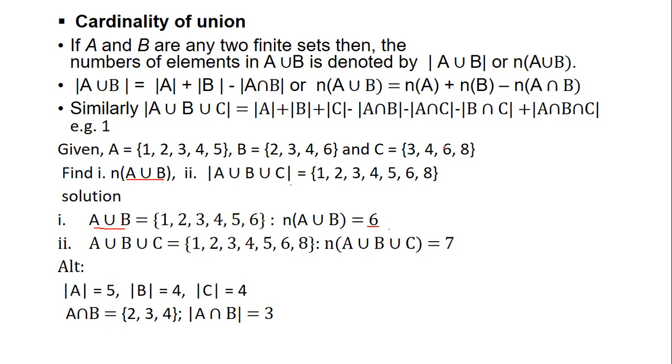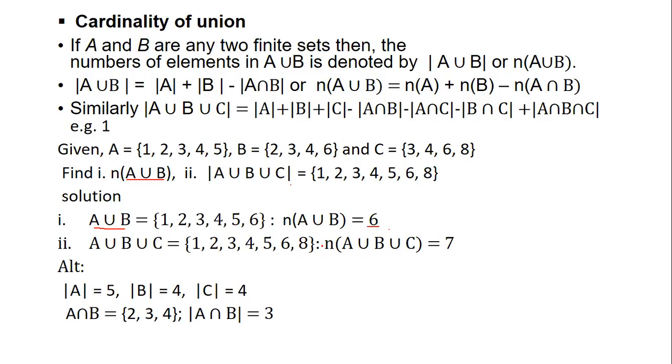Yes, sir. So what is left is the 8. Bring the 8 inside to make A, B, C. It's understood. Then after that, you count them to get the cardinality.